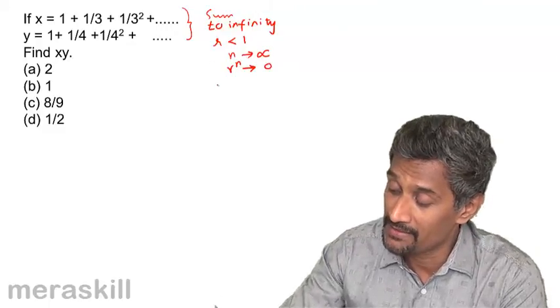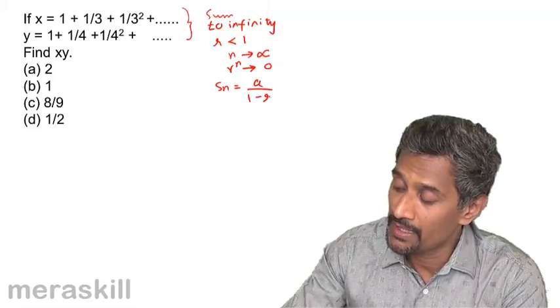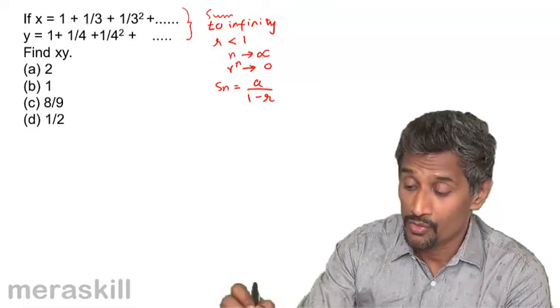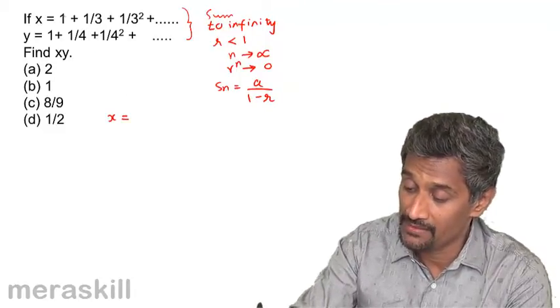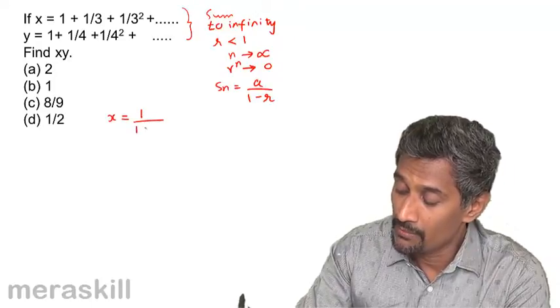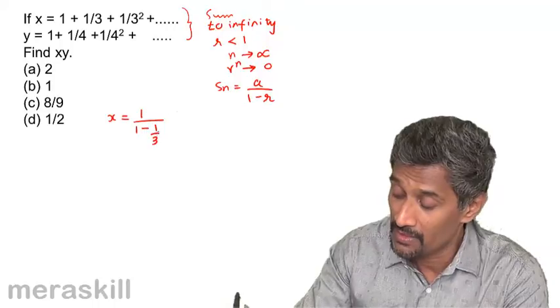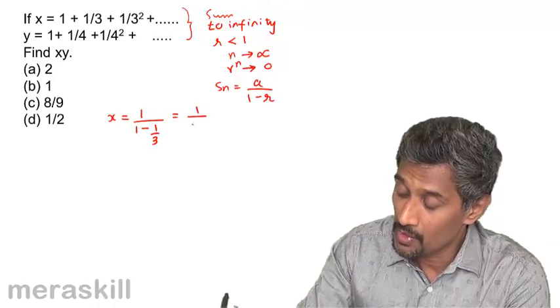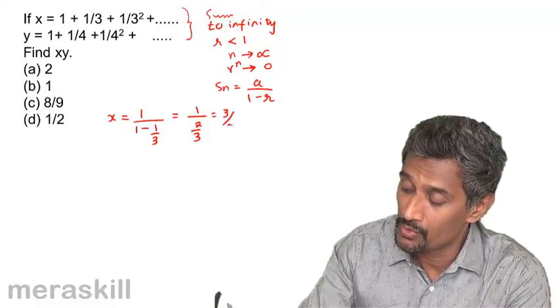So S infinity in such a case would be a upon 1 minus r. So x is nothing but, with a being 1, 1 upon 1 minus r. r in this case is 1 by 3, which will turn out to be 1 upon 2 by 3, which is 3 by 2.